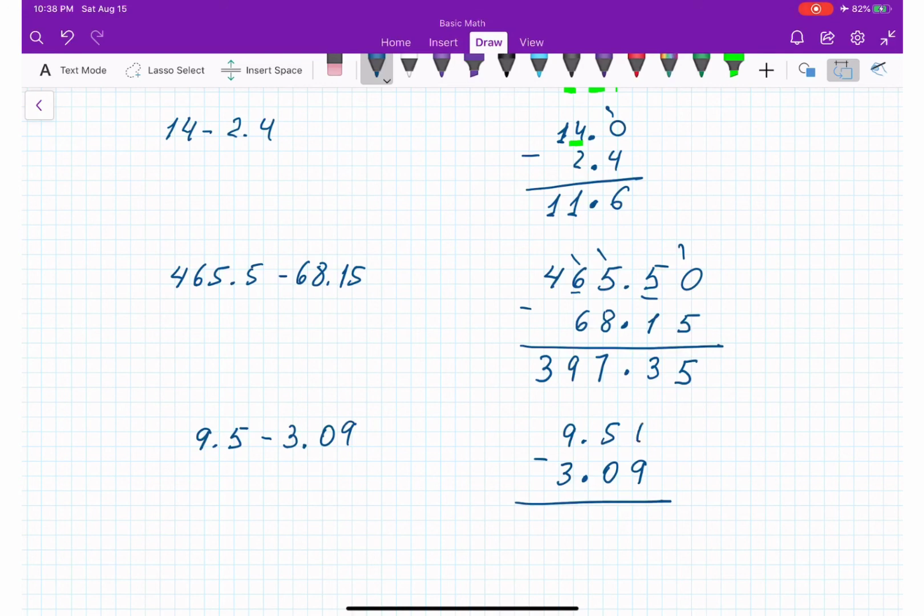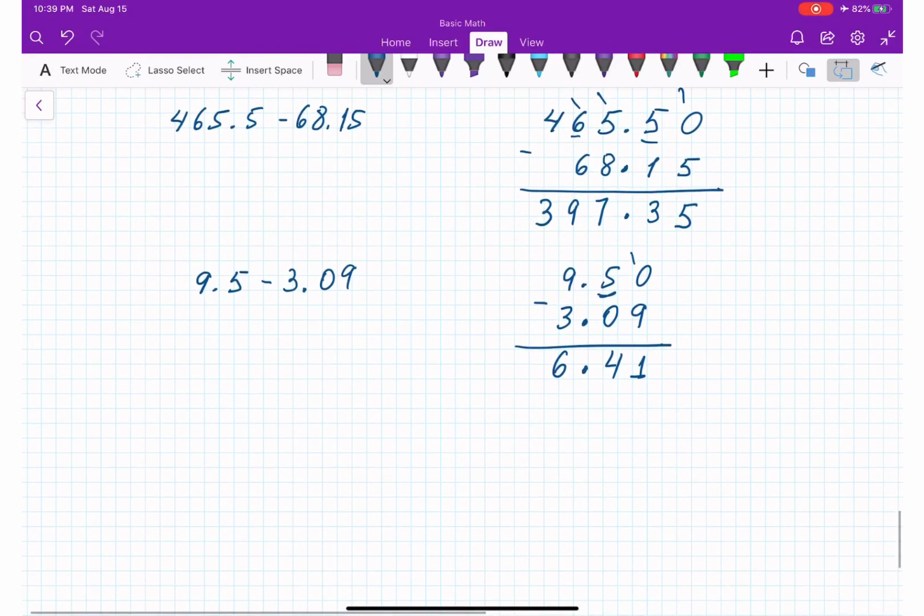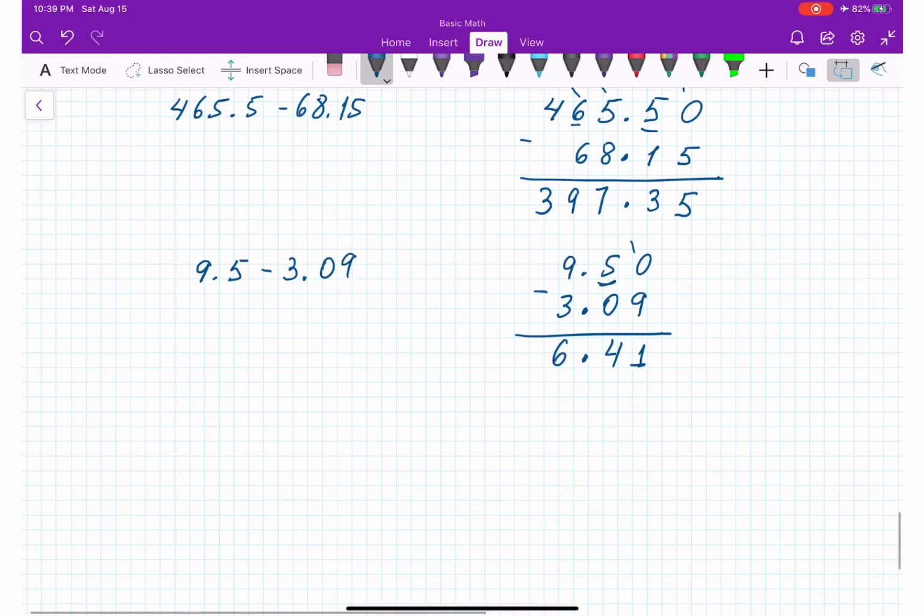I have here 0. 0 minus 9, so 10 minus 9, it's going to be 1. Here I will have left 4. 4 minus 0 is 4. And 9 minus 3 is 6. I will solve one more or two, and I will be done.